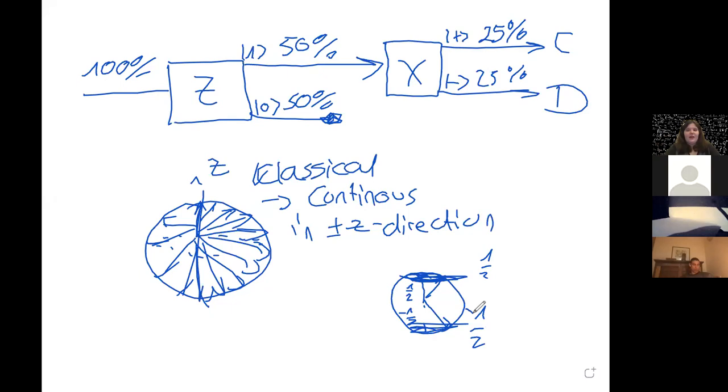Okay, so I have to think about it. So that it's 1/2 and that you only have these two is a result of the experiment.